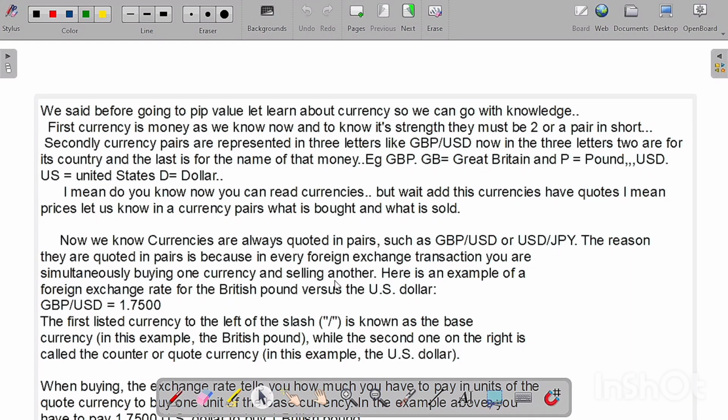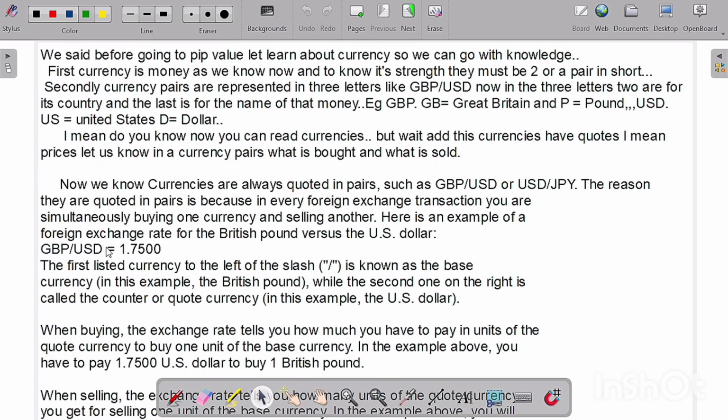Here is an example of the foreign exchange rate of the Great Britain pound versus the US dollar. We have GBP versus USD, which is, for example, trading at 1.7500. This would be the quote. Let's dive deeper into the explanation. The first listed currency to the left of the slash is known as the base currency.